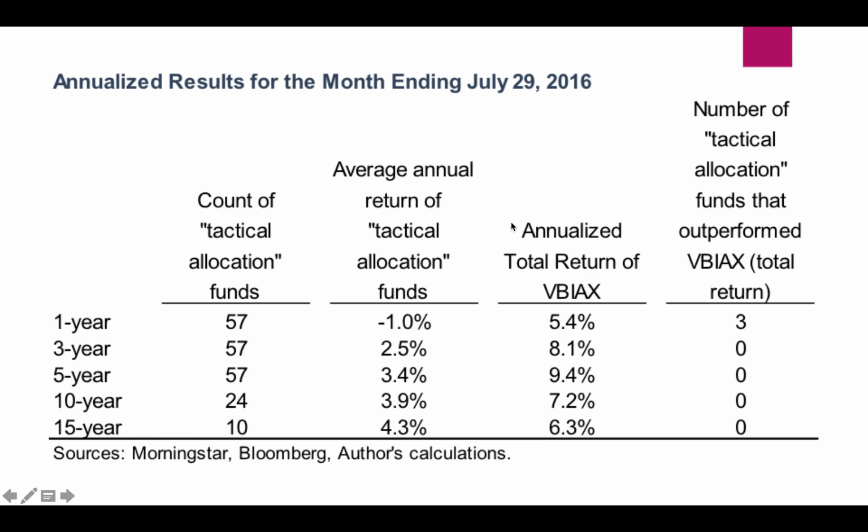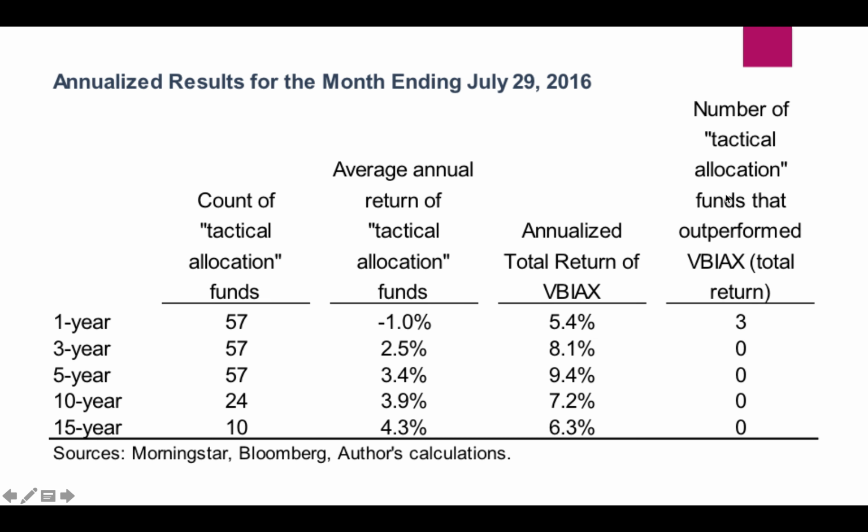Here are annualized results from a Morningstar study. This is the actual number of funds that existed for the entire period. If we look at the 10-year period, the average return of those tactical asset allocation funds versus the returns of just the Vanguard 60/40 strategic asset allocation portfolio, which was used as the benchmark for this, you see a big significant difference.